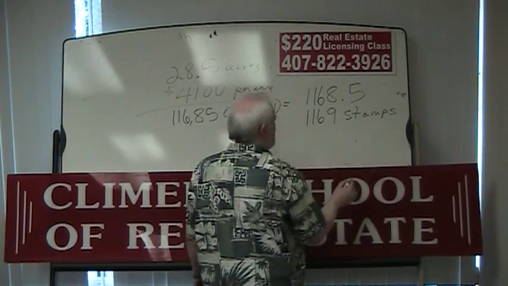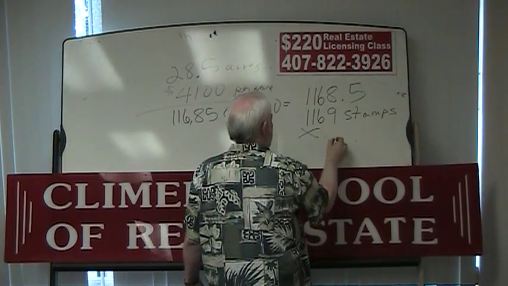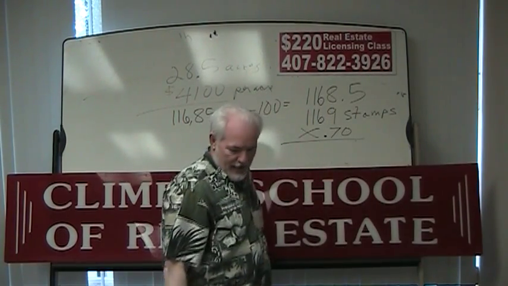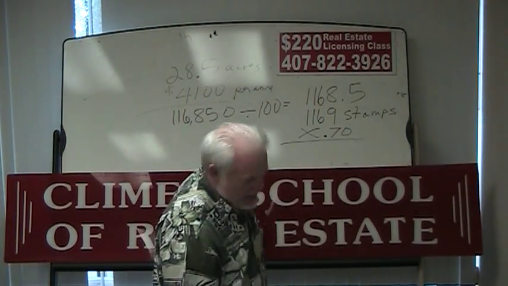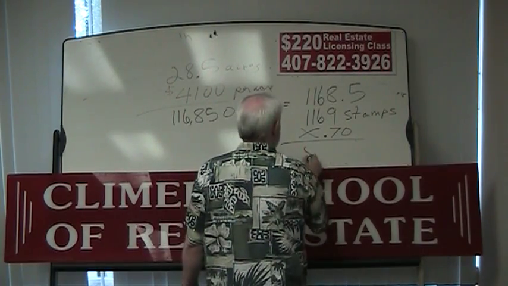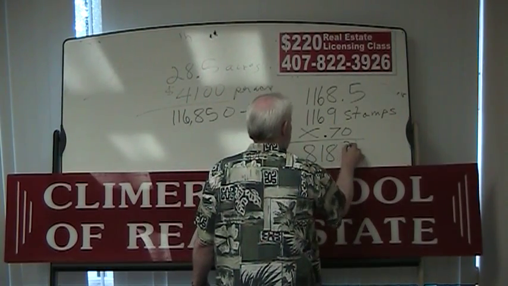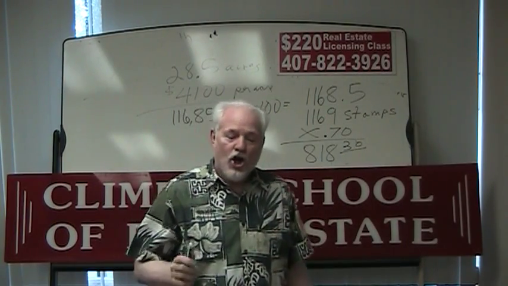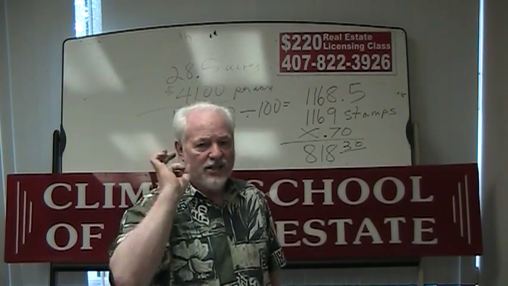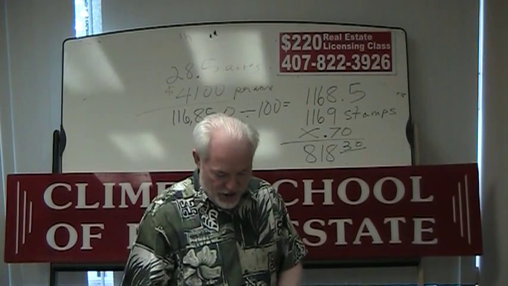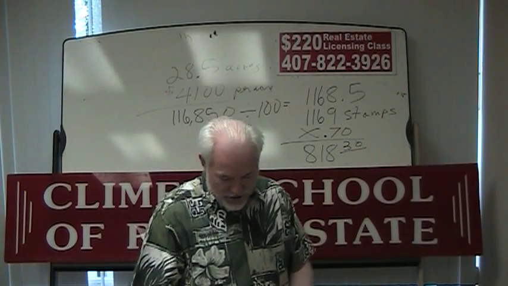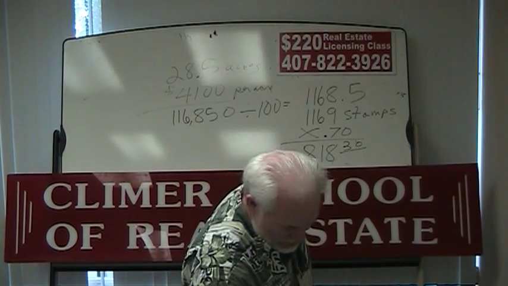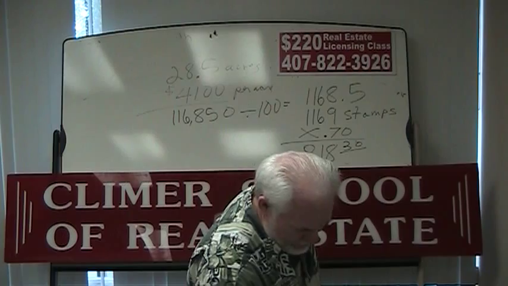So you need that times 0.70, and the answer is $818.30. Doc stamps on the deed always end in 0. If they don't end in 0, you got the wrong answer.